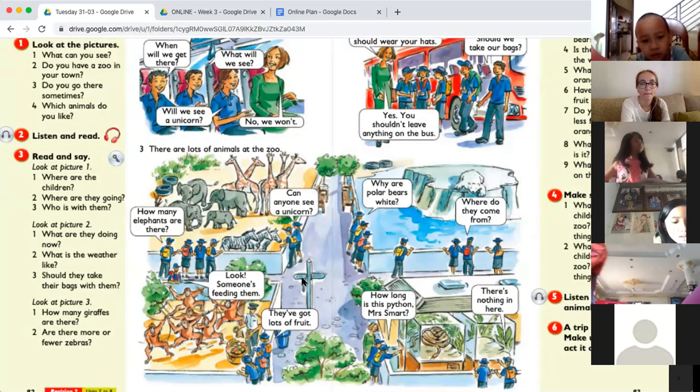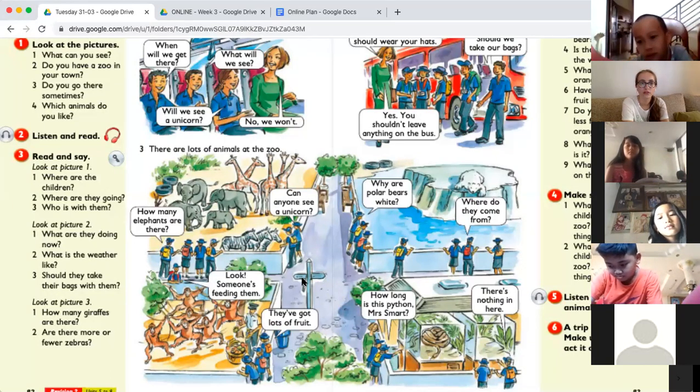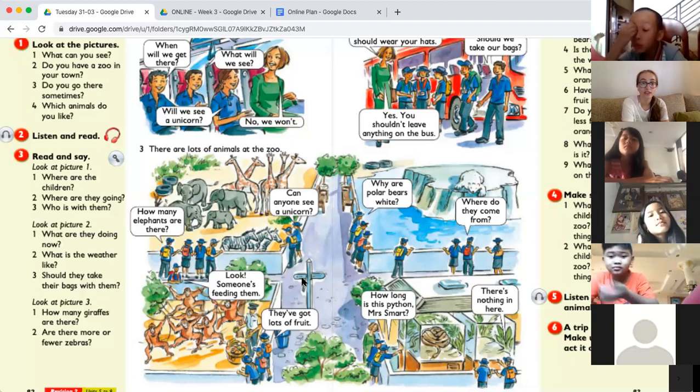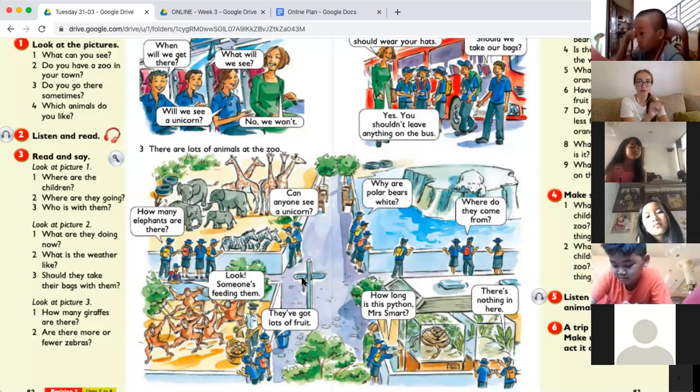Don't touch the animals. Don't leave the bag in the bus. Yeah, that's also a good thing that you still have to remember. It's important that you don't touch the animals, because even nice animals can get very angry if you touch them and they don't like it.